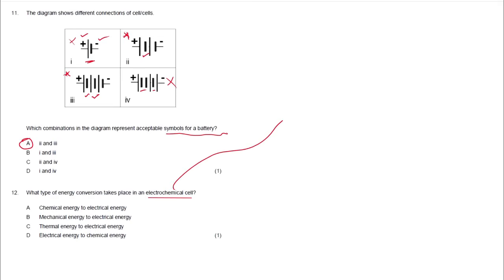We need to understand that an electrochemical cell stores chemical energy. So it stores chemical energy, and after storing it, it then converts it into electrical energy.